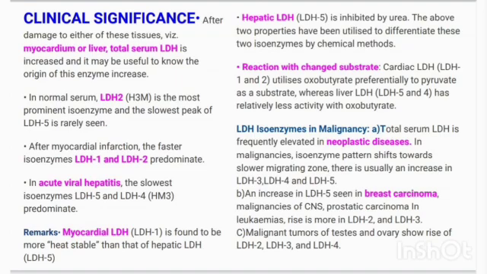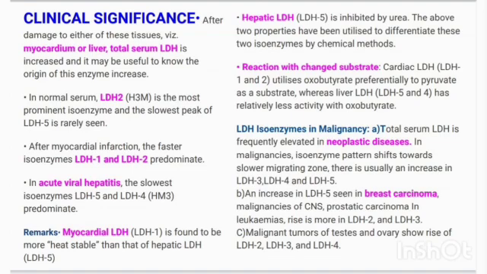So here the myocardial LDH, that is LDH1, is found to be more heat stable than the hepatic LDH, that is LDH5. The hepatic LDH or LDH5 is inhibited by urea. So the above 2 properties have been utilized to differentiate these 2 isoenzymes by chemical methods. When you allow them to react with changed substrates, they can still be differentiated.